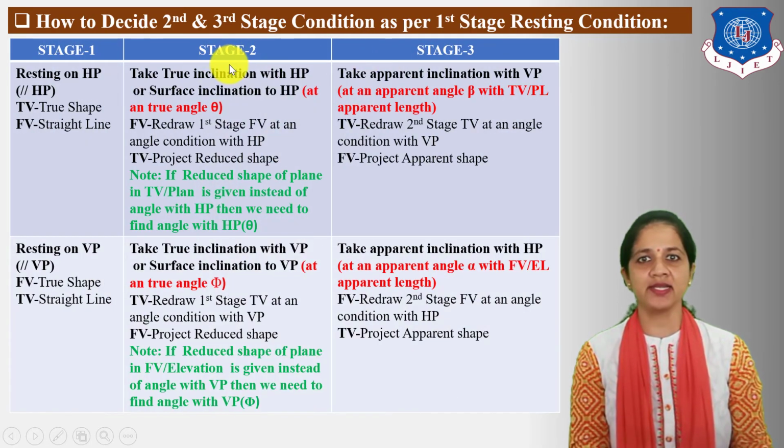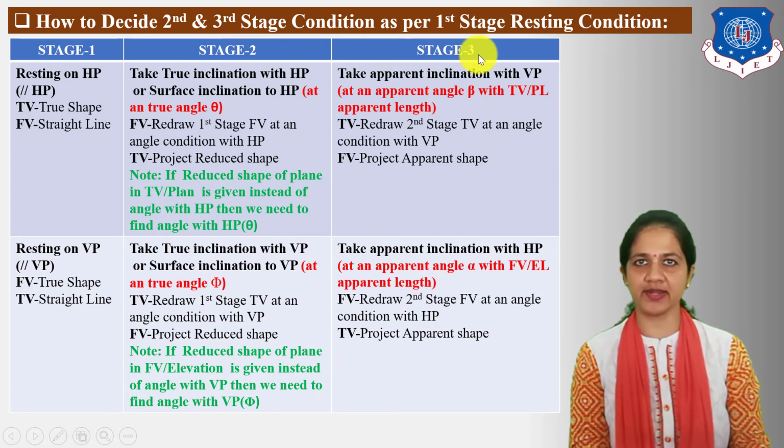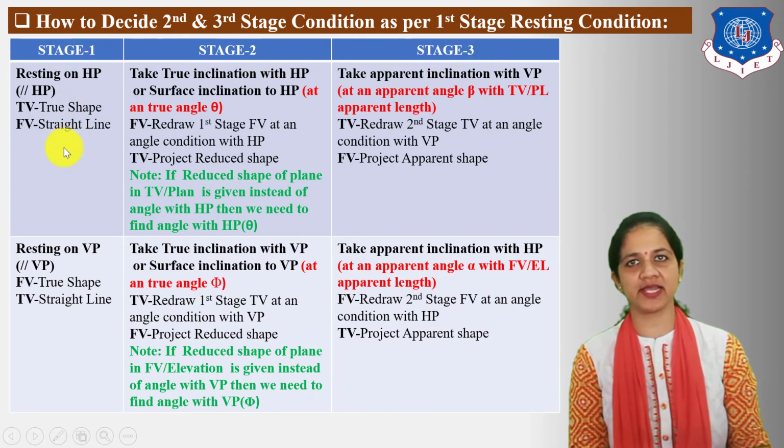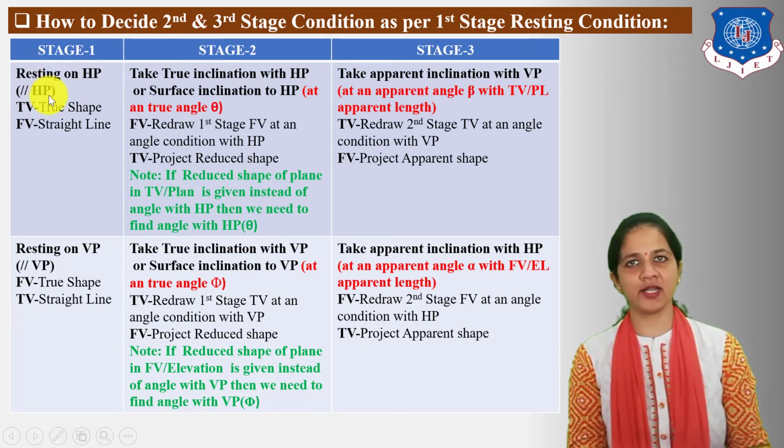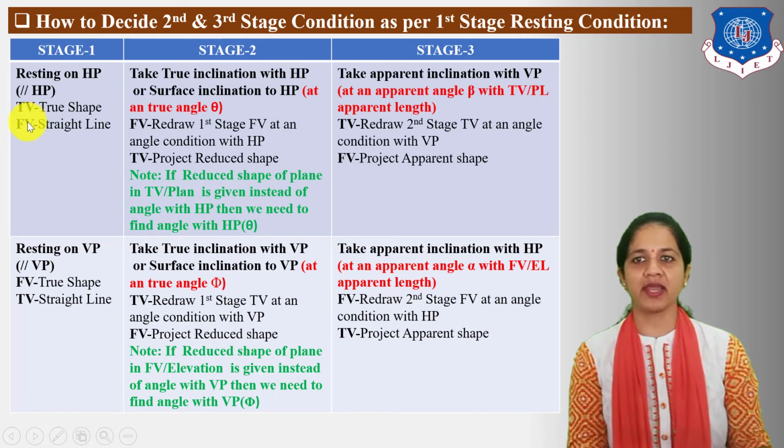Here you can see the stage 2 and stage 3 conditions as per the given stage 1 condition. First, stage 1 condition: resting on HP or parallel to HP for any plane. Then the top view is always the true shape and the front view is always a straight line.